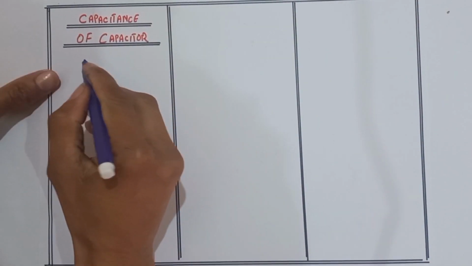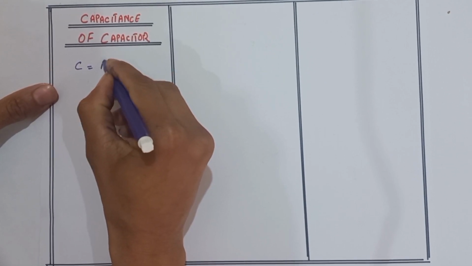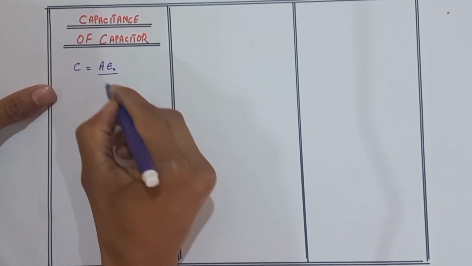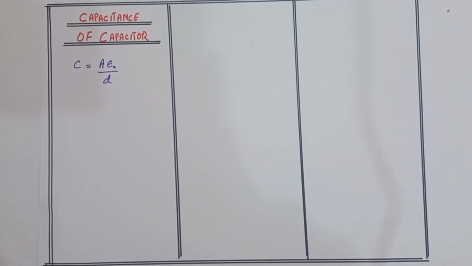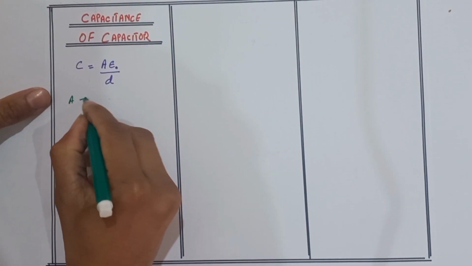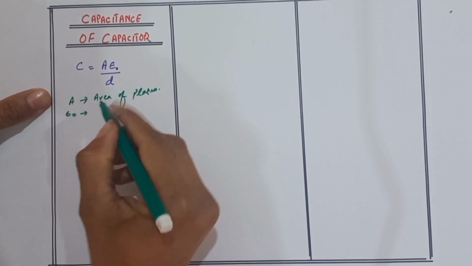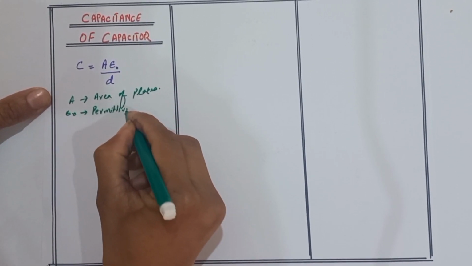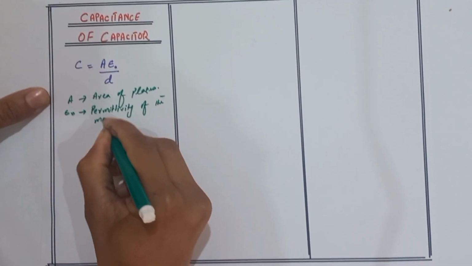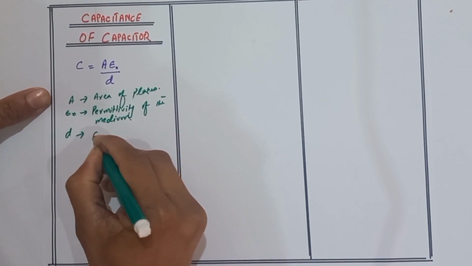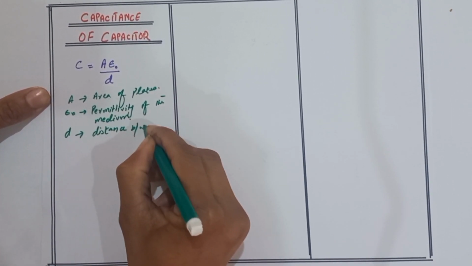The formula for the capacitance of the capacitor is C equals A times epsilon naught upon distance D, where A is the area of plates, epsilon naught is the permittivity of the medium, and D is the distance between plates.